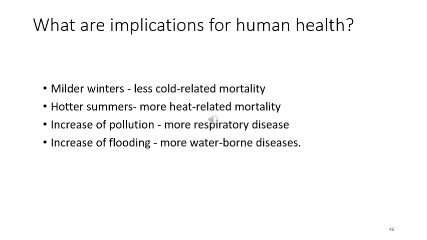Also more respiratory problems, because as we experience warmer temperatures and more vegetation changes, we see more pollution, but also more allergies. People with asthma, people with respiratory problems related to allergy can be particularly vulnerable to climate change.